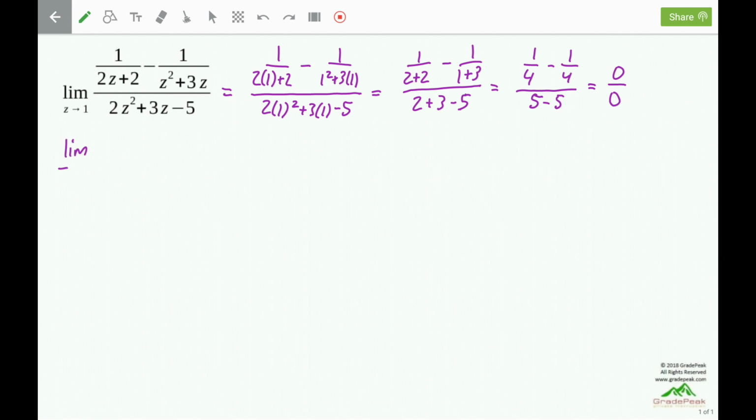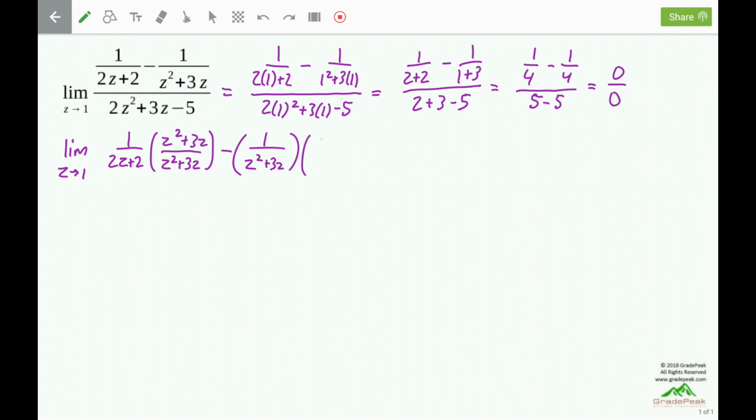So we will have limit as z goes to 1 of 1 over 2z plus 2, and we're going to multiply this by z squared plus 3z over itself, a form of 1, such that we'll make the common denominator there, minus 1 over z squared plus 3z.